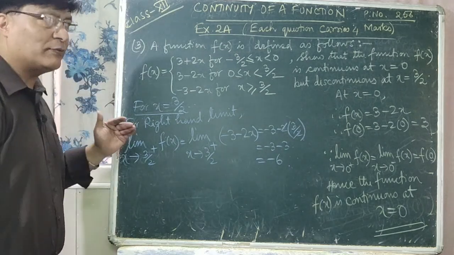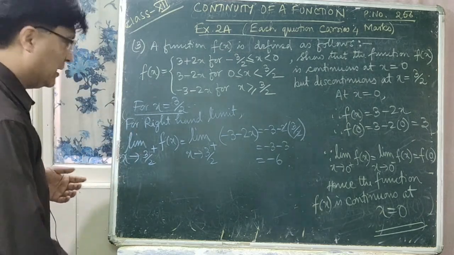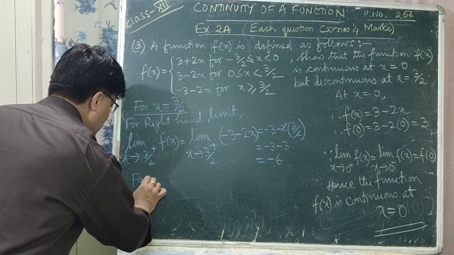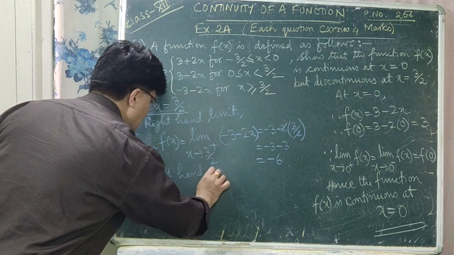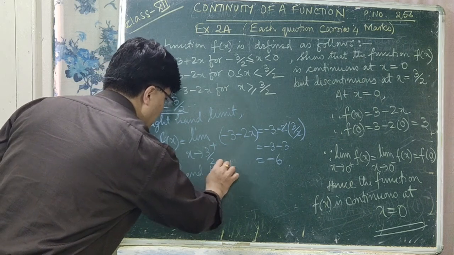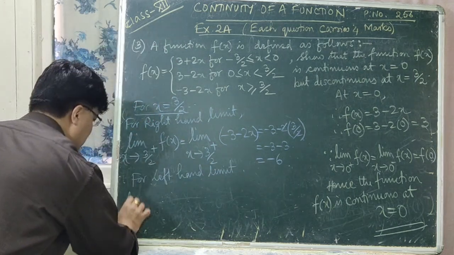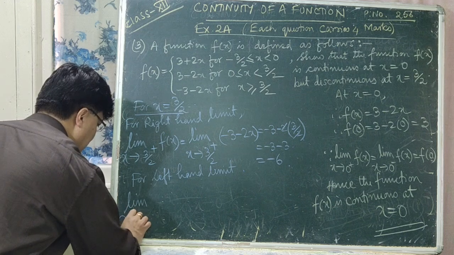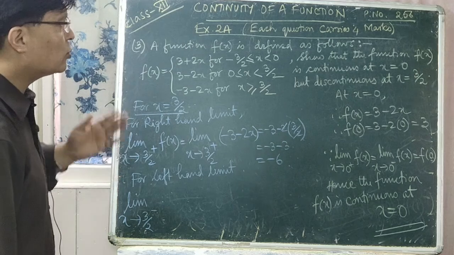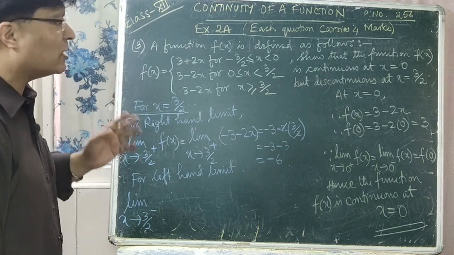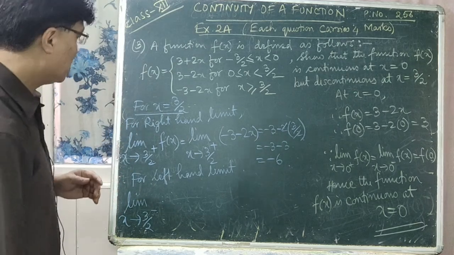Okay. Now we have to find out the left hand limit. So for the left hand limit, what do we write? Limit x tends to 3 by 2 minus, because we are checking the discontinuity of the function at x is equal to 3 by 2.